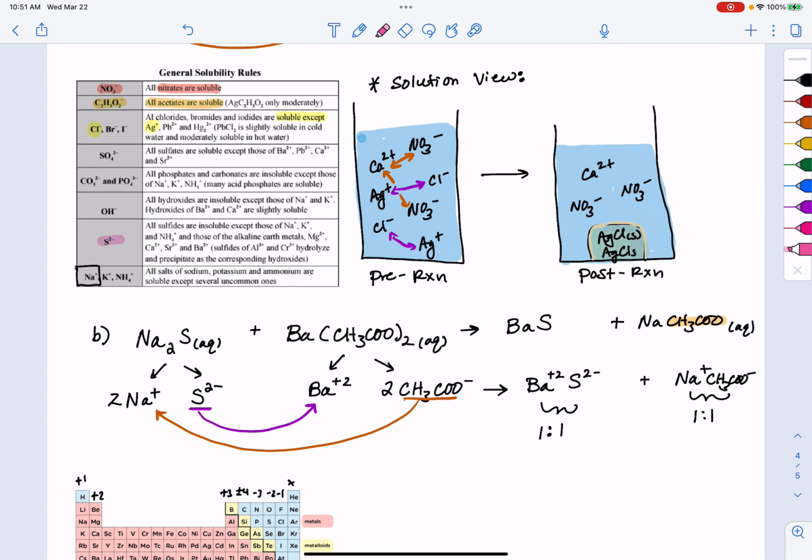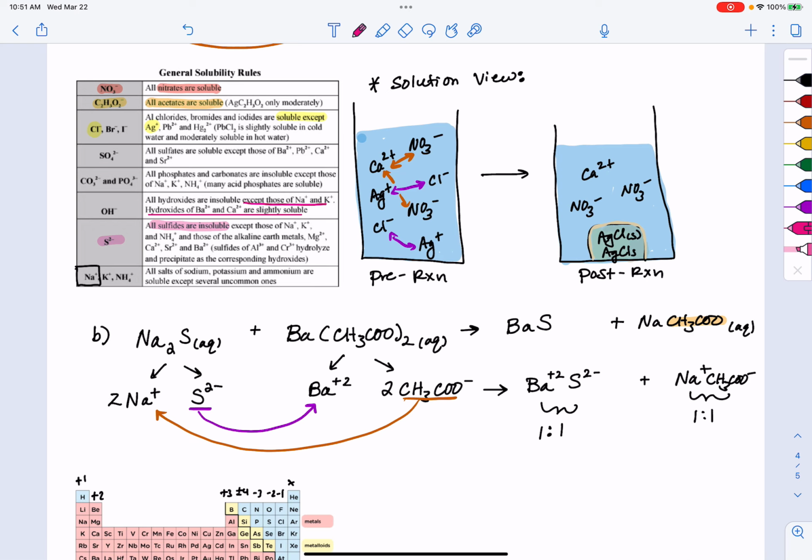So the sulfide rule: all sulfides are insoluble except those of sodium and potassium. And then we have hydroxides of barium and calcium, which are slightly soluble. Slightly soluble is a way of saying sparingly soluble.